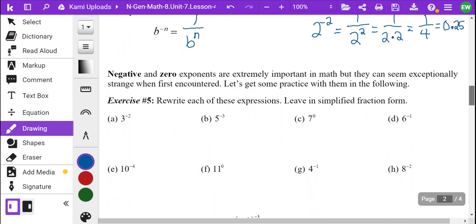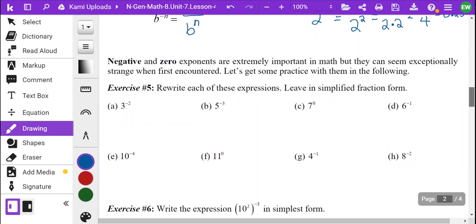All right. Okay, so negative and zero exponents are extremely important in math because they can seem exceptionally strange when first encountered. But what I want you to do here is just rewrite these.